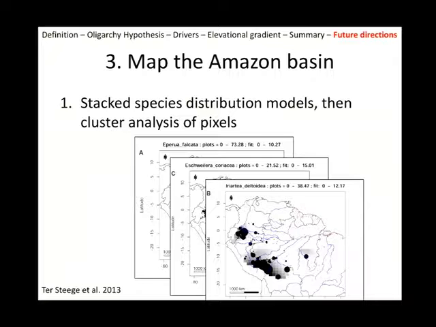Once you have the relative abundance of these common species at each pixel, you can do a cluster analysis with the millions of pixels. The advantage of this approach is that you don't need much external information. You can even do these individual maps without external information, just based on spatial structure between the observations.